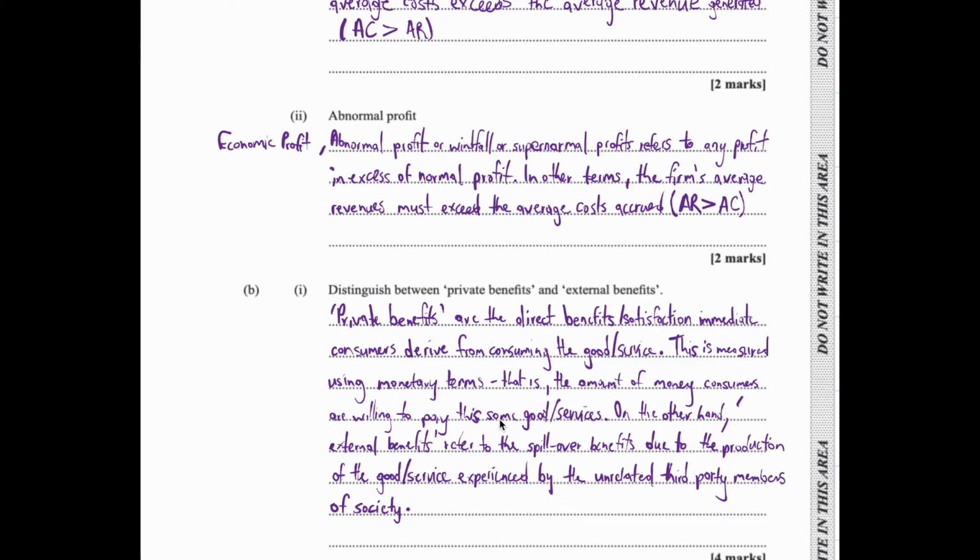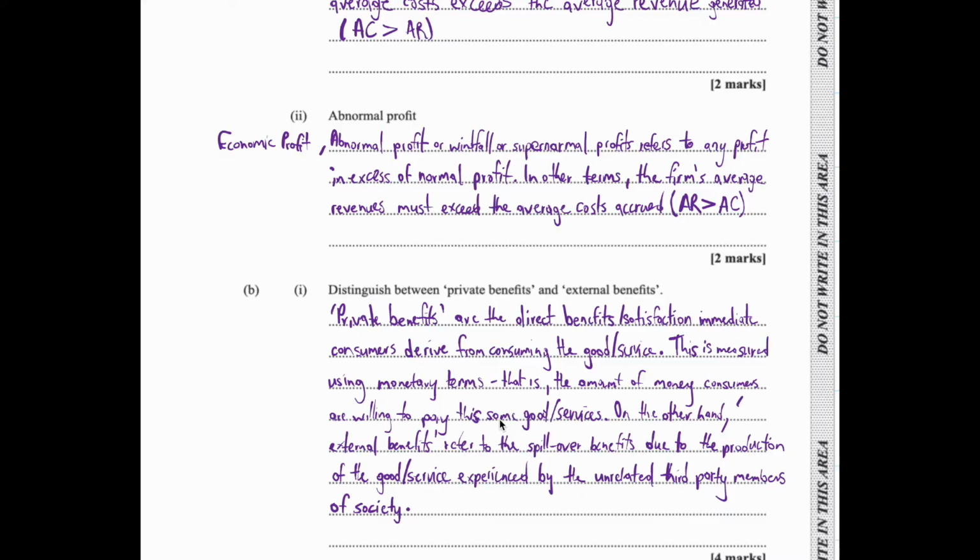However, external benefits are the spillover benefits due to the production of the good or service experienced by the unrelated third party. So for instance, you buy a radio, and your satisfaction is shown by the fact that you paid this amount of money for the radio. That satisfaction is your private benefit. That's directly what you get from consuming the good.